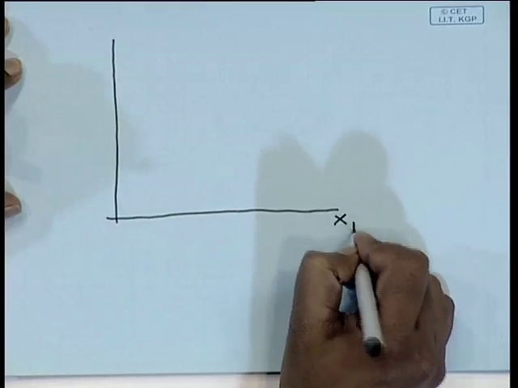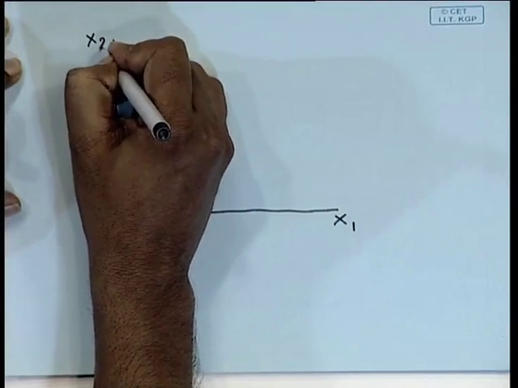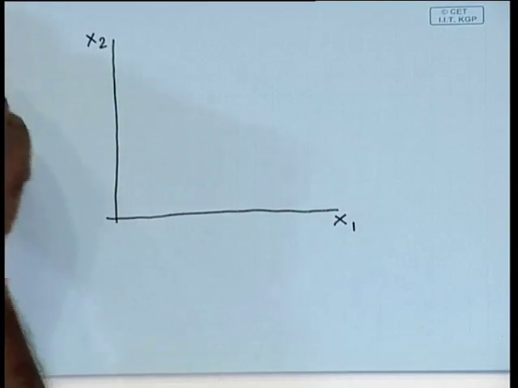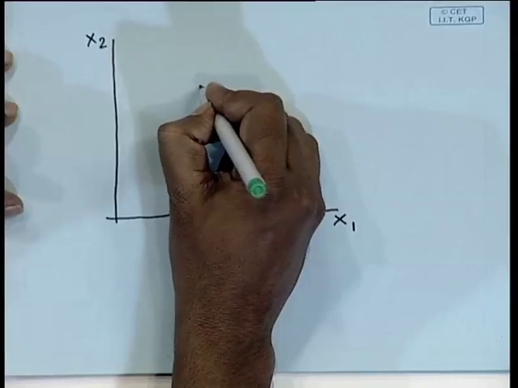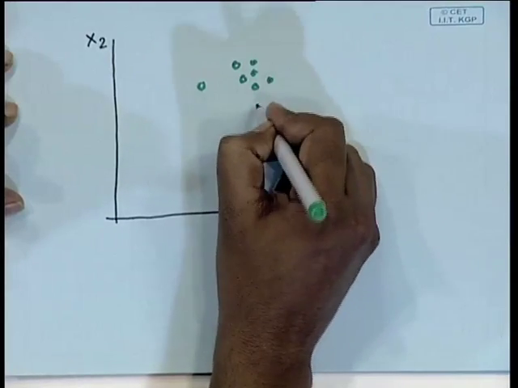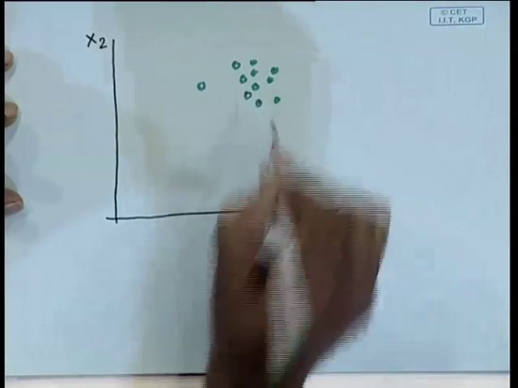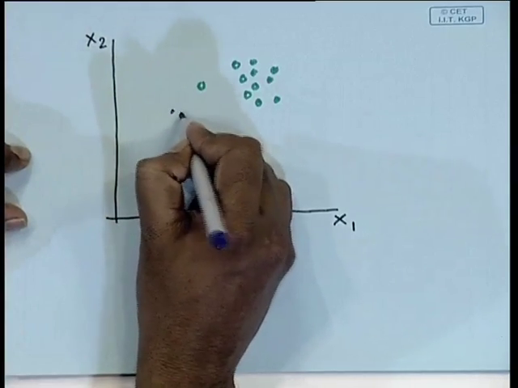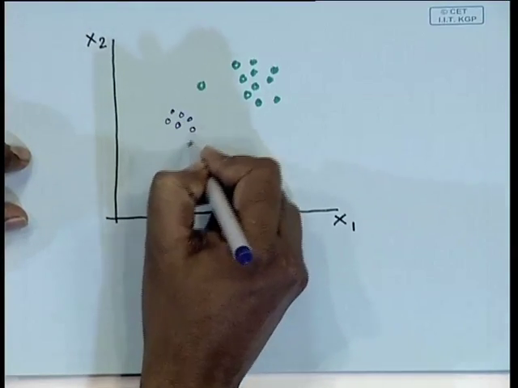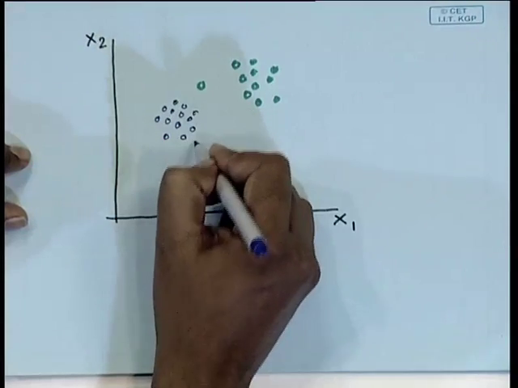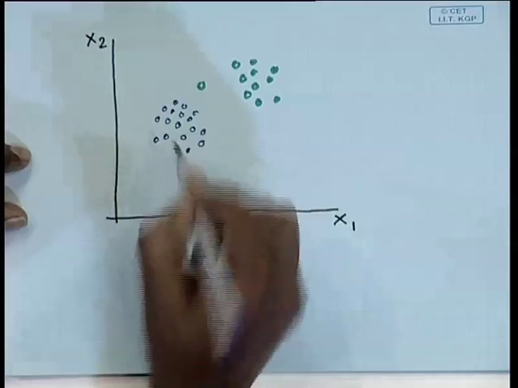So, again I take 2 dimensional feature vectors having the feature components x 1 and x 2, and the samples for one class are something like this, and for another class the samples may be something like this.